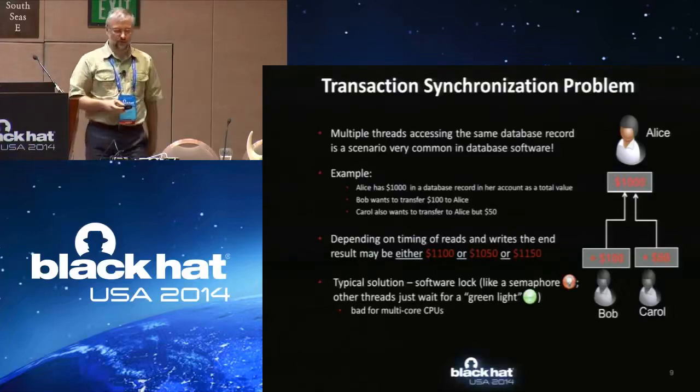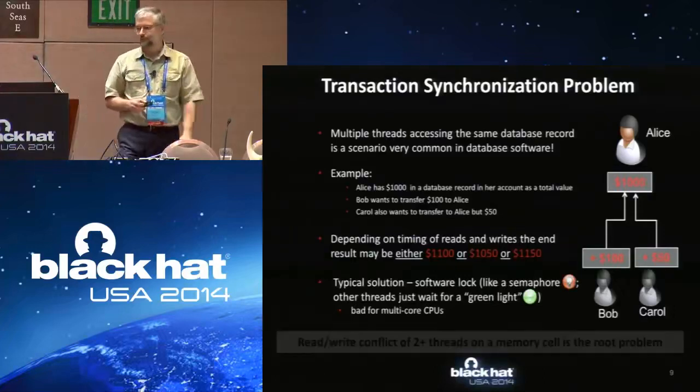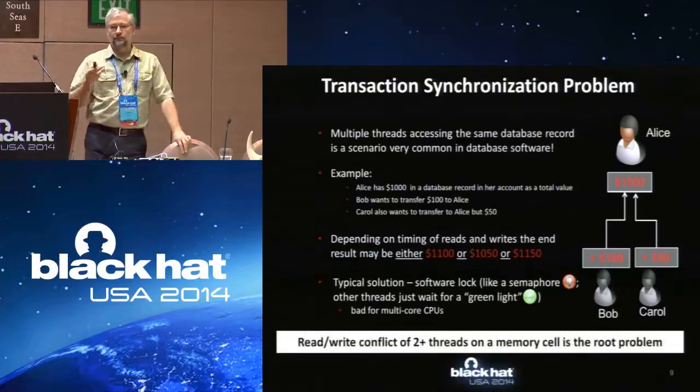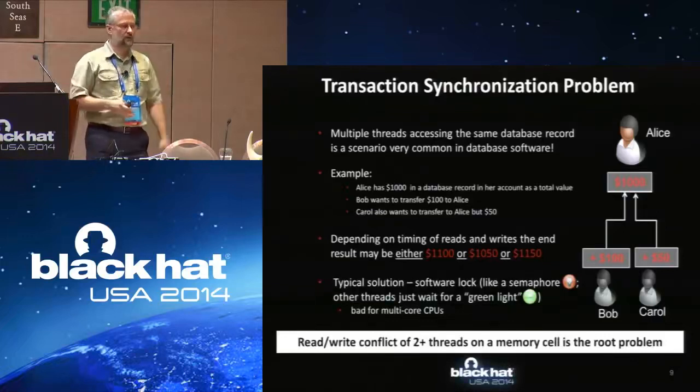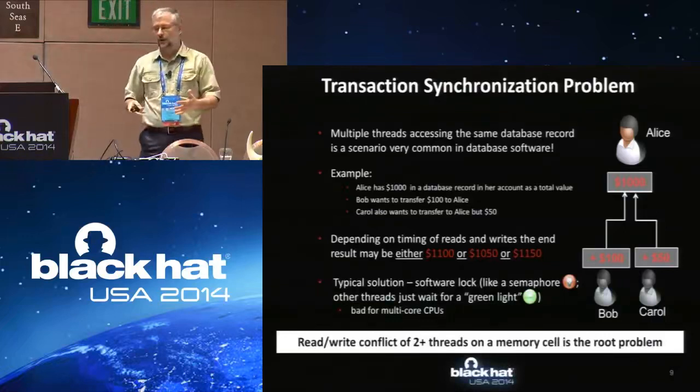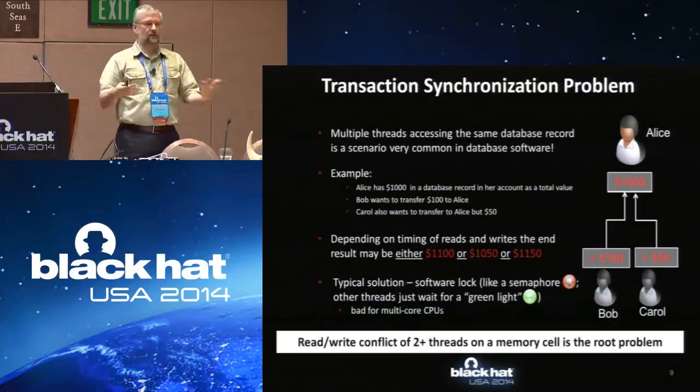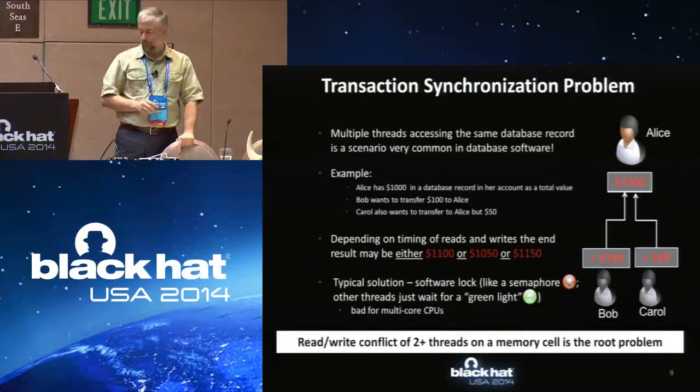That's waste of hardware, if you will. And the origin of this problem lies in the fact that if 2 separate programs or 2 separate threads write to the same location in memory, a read-write conflict can occur, and arbitrating this conflict is the root of the problem.